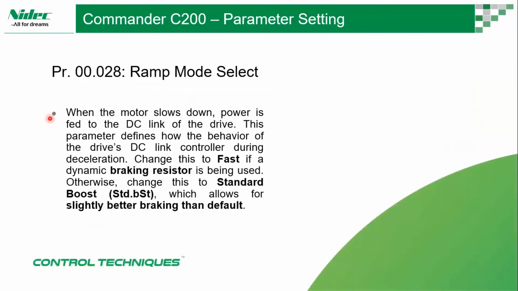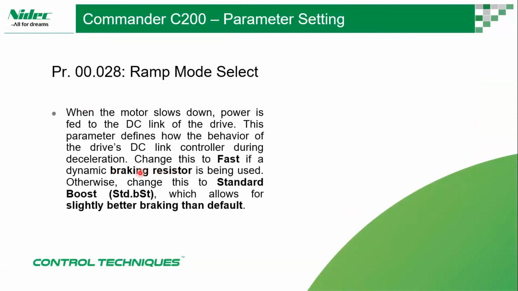Okay, number one is parameter 00.028, the ramp mode select. So for fan application, usually we are not using the braking resistor.